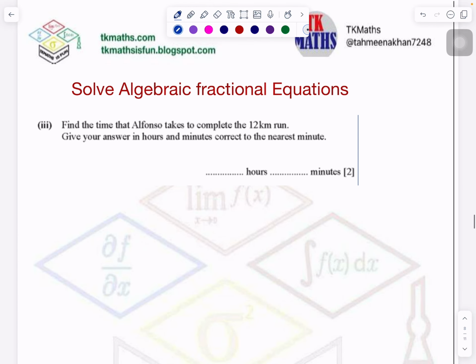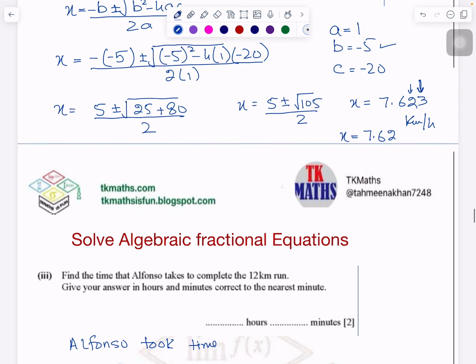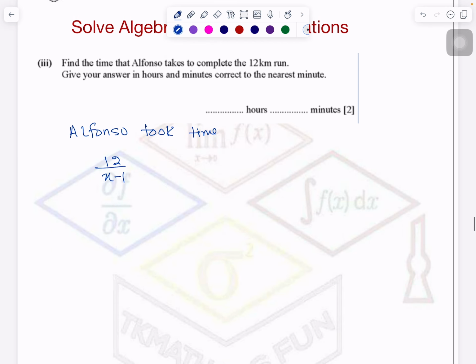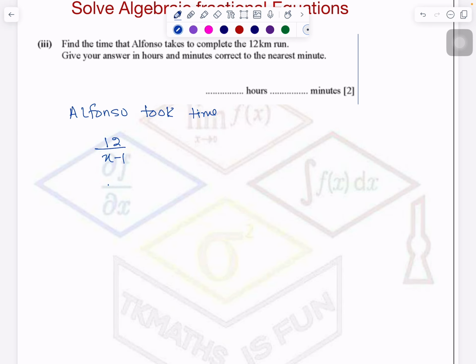So Alfonso took, what time did he take? 12 divided by x minus 1, right? So in x I will substitute the value I have found in part 2, which is 7.62. So 12 divided by 7.62 minus 1. Let's simplify it.